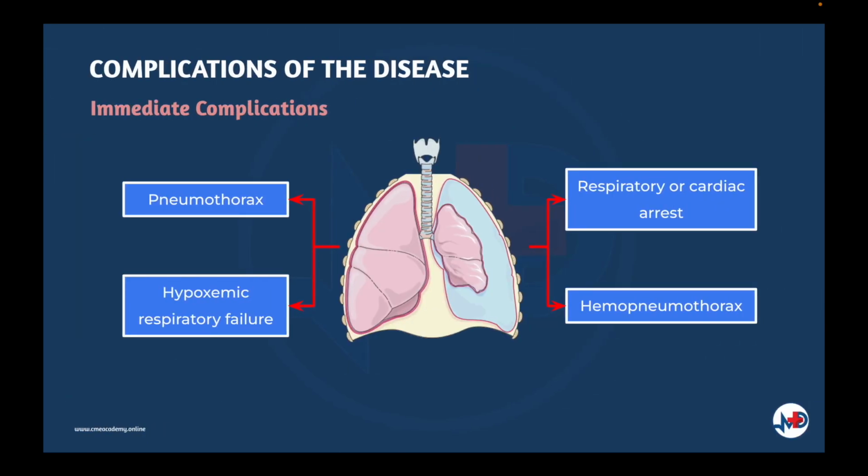So we are now done with the management and we shall proceed with the next section, which is complications. The immediate complications for pneumothorax include hypoxemic respiratory failure, respiratory or cardiac arrest, and hemopneumothorax.